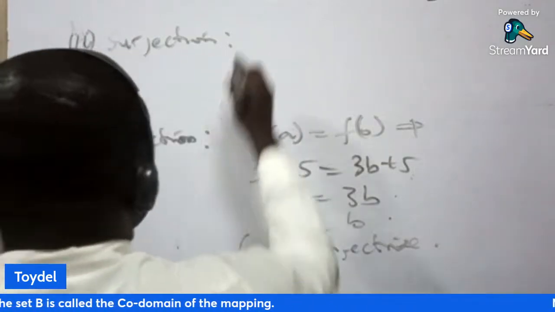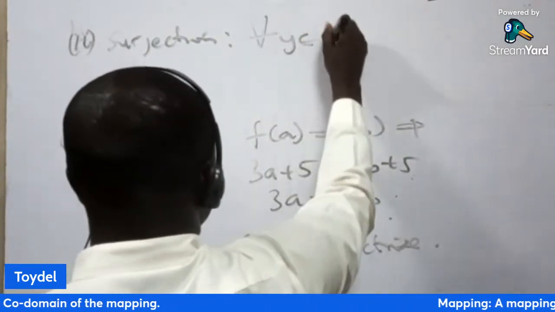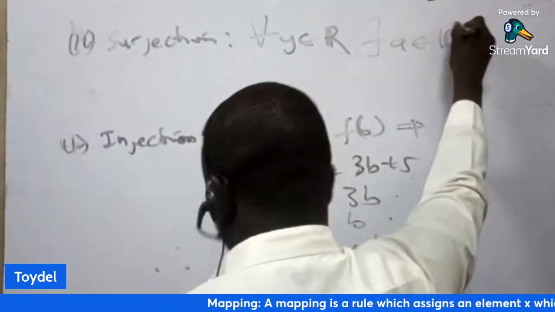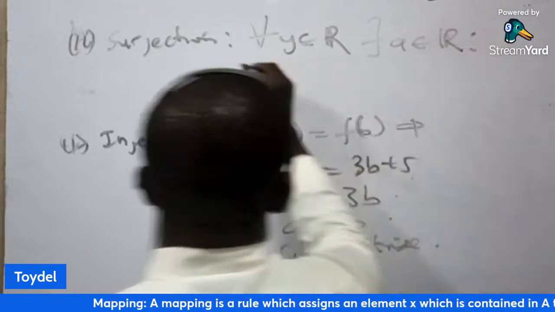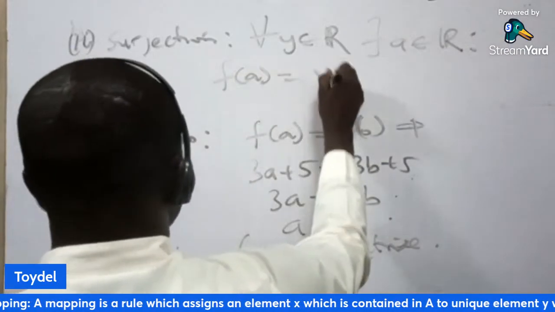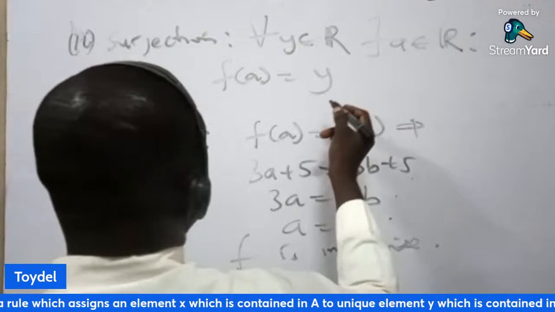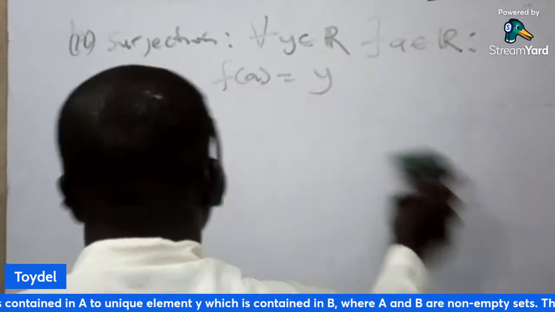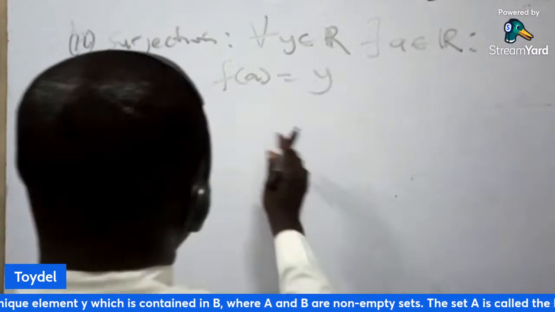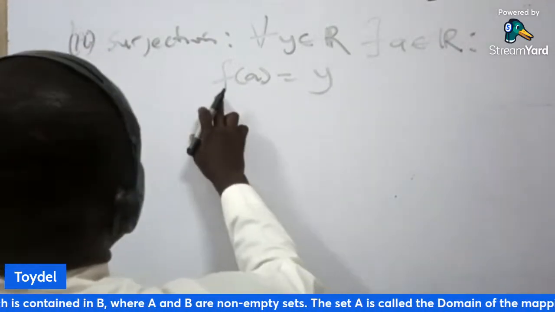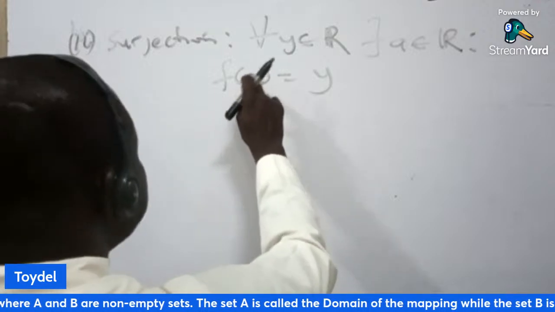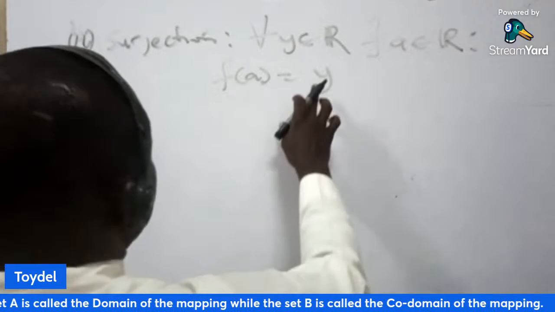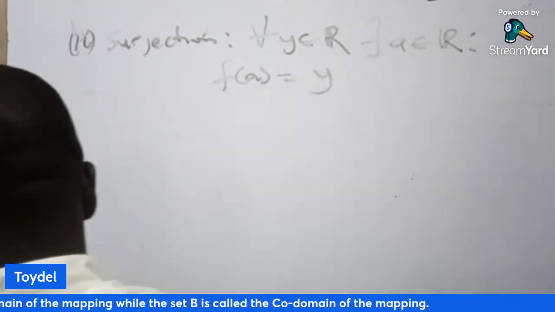If we want to do that, we say for all y that belongs to the set of real numbers, there must exist a that belongs to R, such that f of a must be equal to y. That is the condition. When we apply that mapping on each element of the domain, we must have an image in the codomain, and the codomain must be equal to the range.